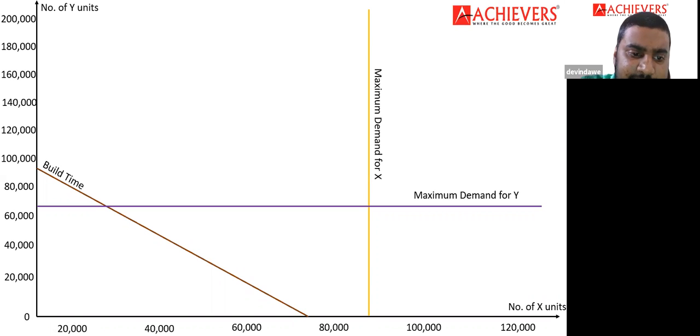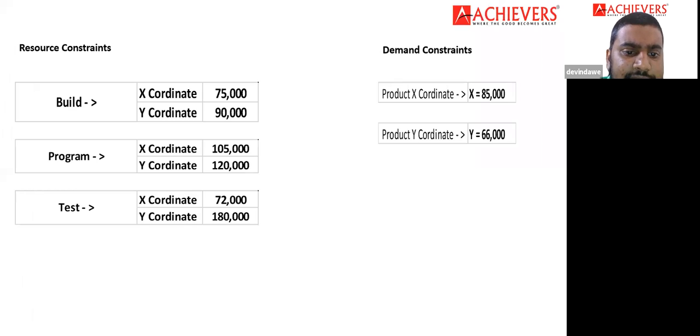So that is the maximum demand for Y. Next, let's draw the program line. So what are the coordinates for program, guys? Yeah, what was the coordinate for program? X coordinate is 105,000, Y coordinate is 120,000.